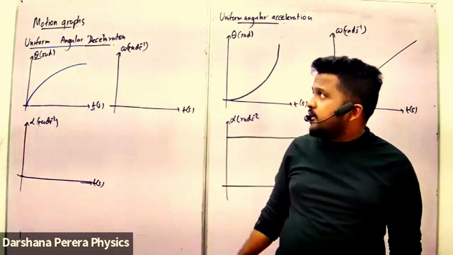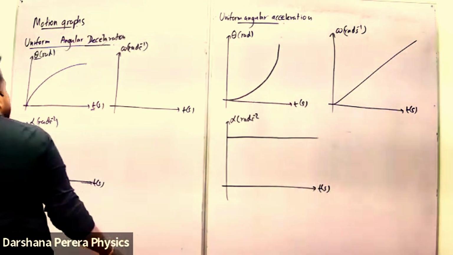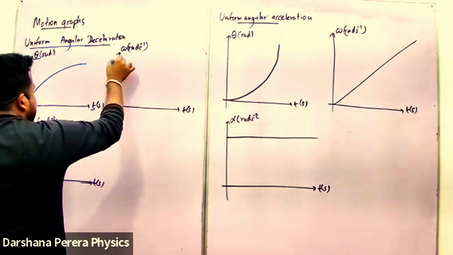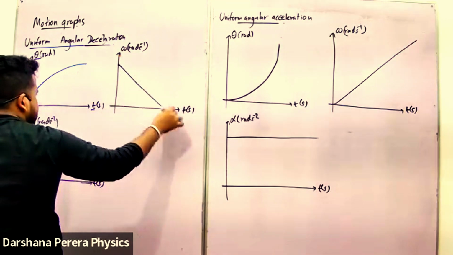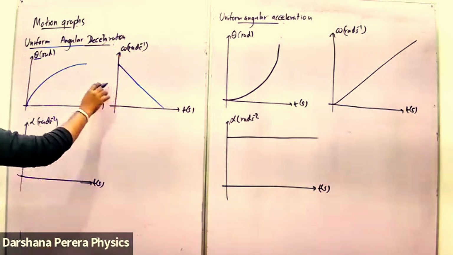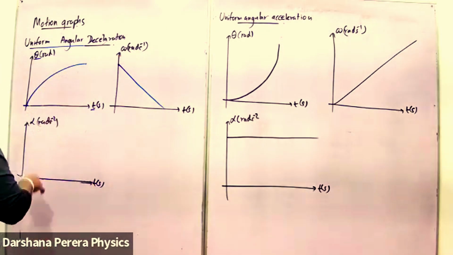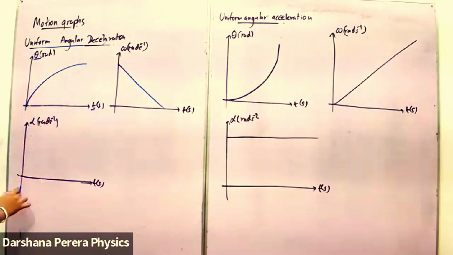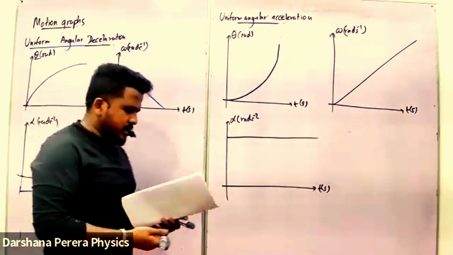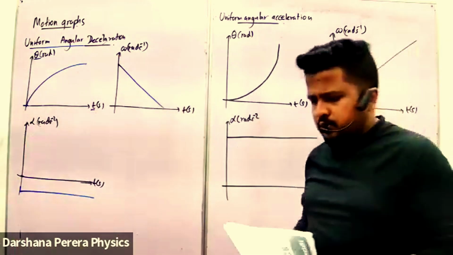There is no angular acceleration here, it is angular deceleration. How can we draw? Omega should be getting reduced, and the gradient is the same like this. Omega is getting reduced, the gradient is like this. For angular deceleration, it is like this.